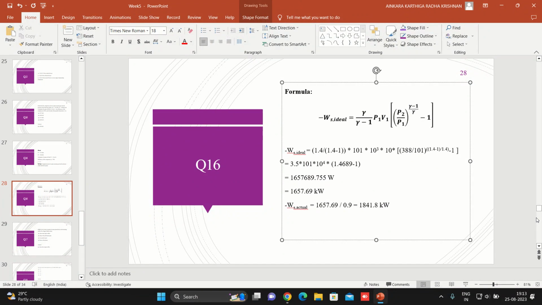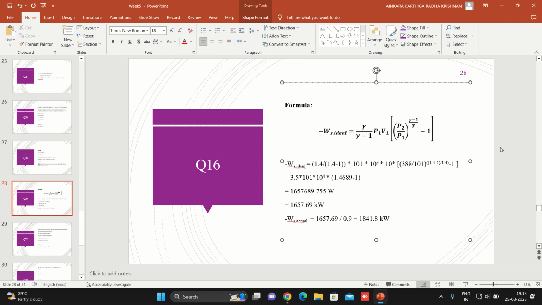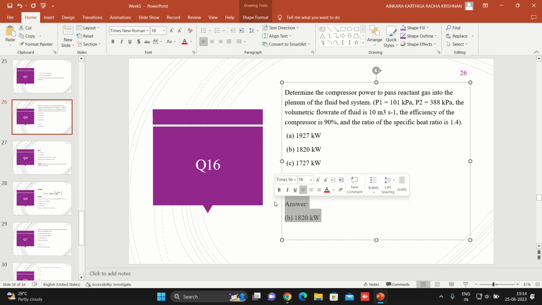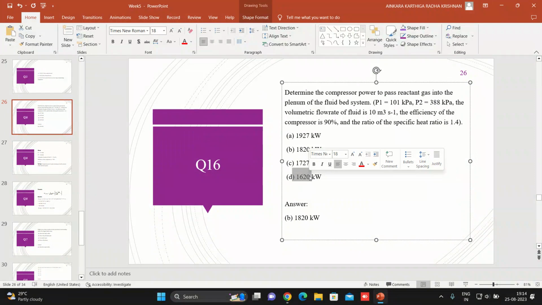So we'll see the answer. This is 1820 kilowatt. As we can see, one of the options is 1620 kilowatt, which is not the right answer.